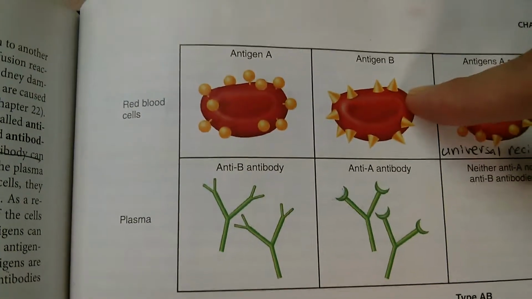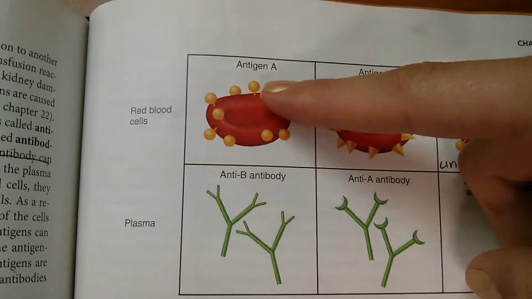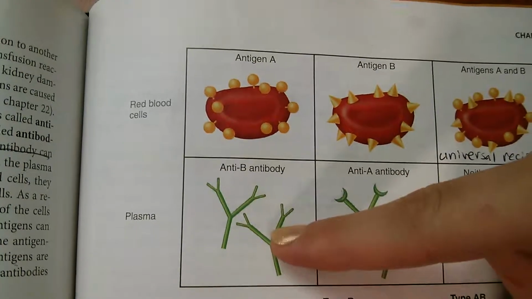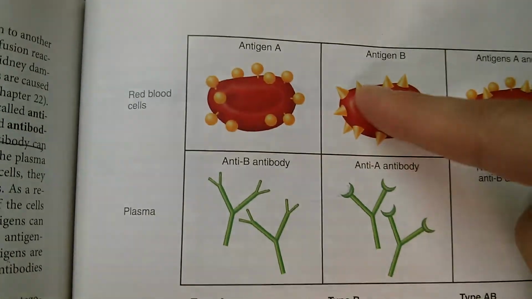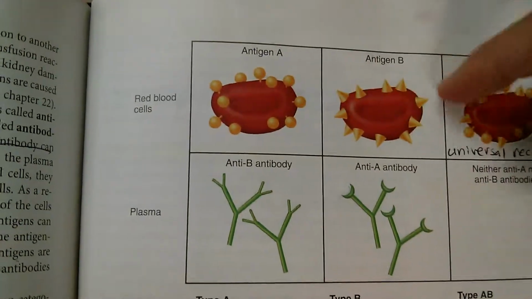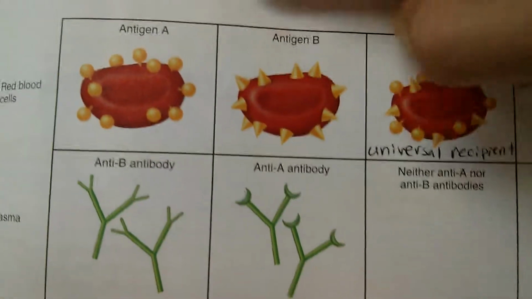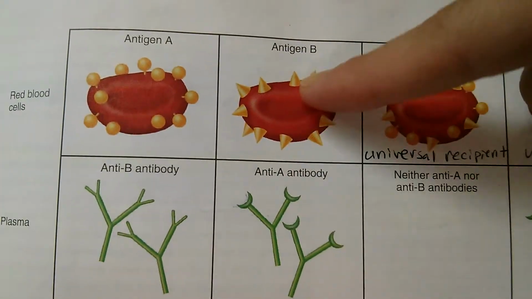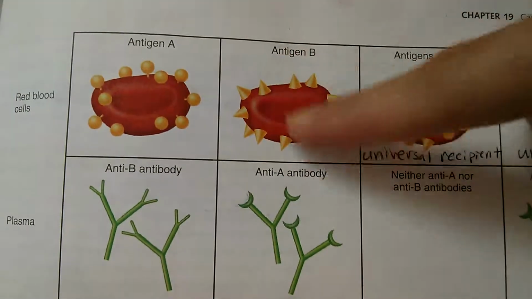So if you were to have blood from a type B person come into the bloodstream of a type A person, the antibodies in the type A bloodstream would attack the triangles, the antigens on the blood that's coming inside. The same thing would happen conversely if a type A person were to donate to type B. The B person's antibodies would see the circles and know that wasn't its own and attack.